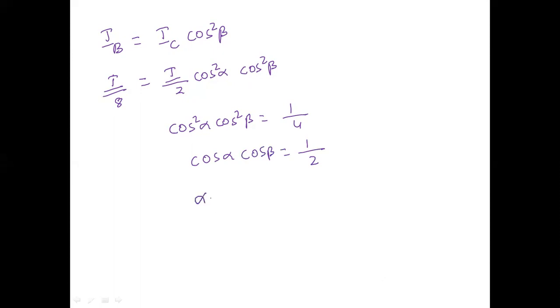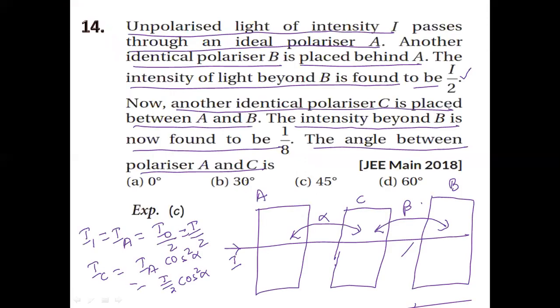That means if we solve this equation, we'll get alpha equal to 45 and beta is equal to 45, right? That is option C, 45. First, draw the diagram and write down the equation.